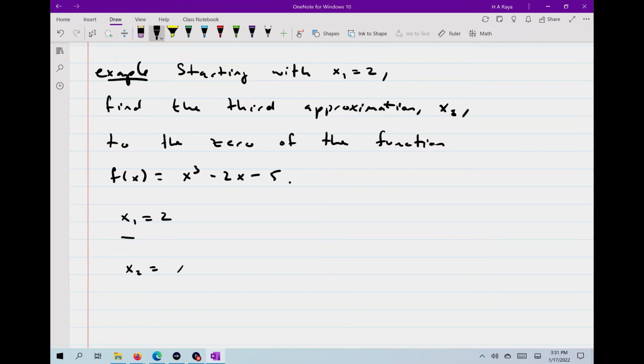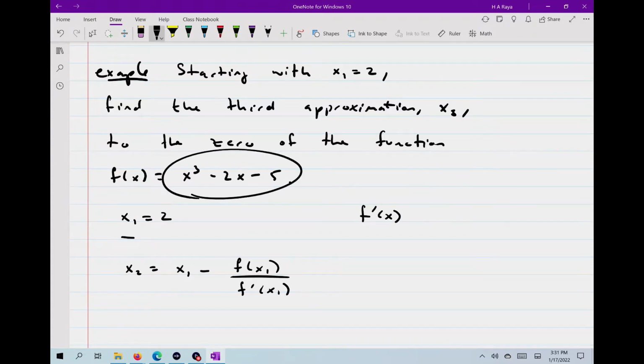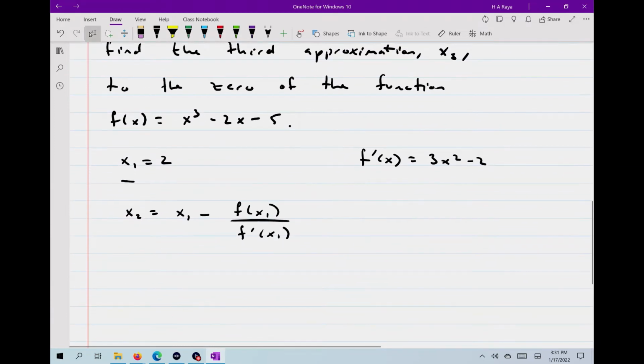To compute x2, we'll take our previous value x1 and subtract the quotient f of x1 divided by f prime at x1. In this case, we need the derivative, so let's write the derivative down here. So f prime of x from this cubic function is 3x squared minus 2. So here we'll have our 2 minus f of 2 divided by f prime of 2.